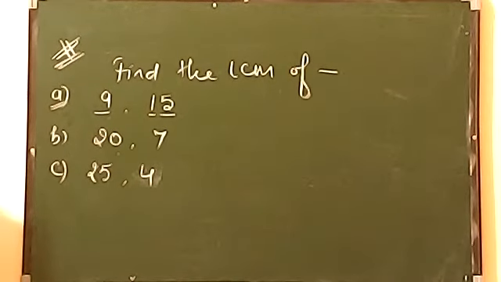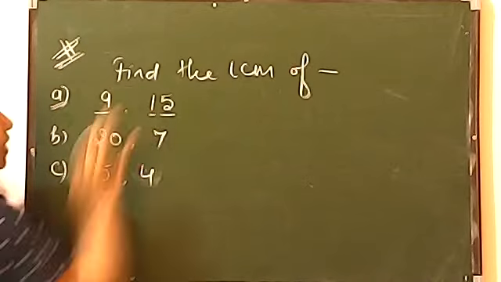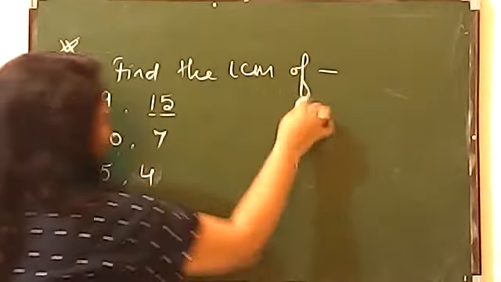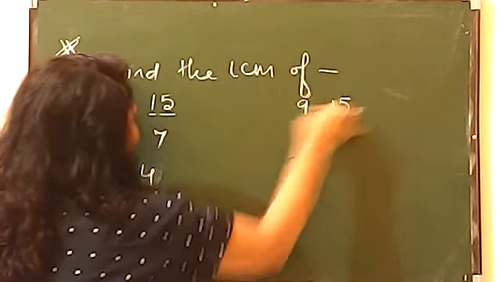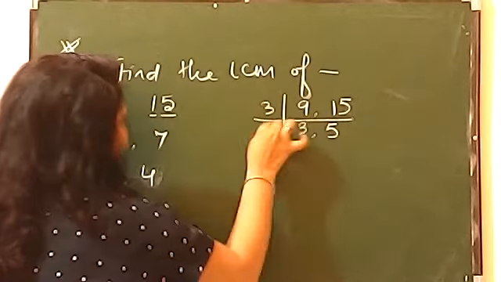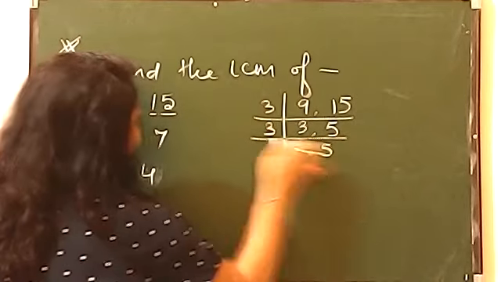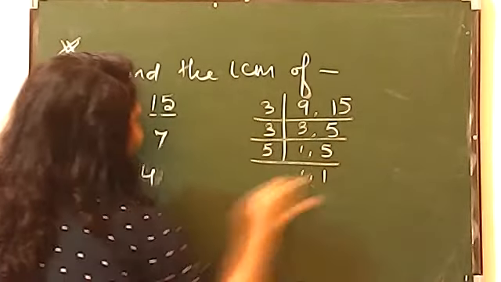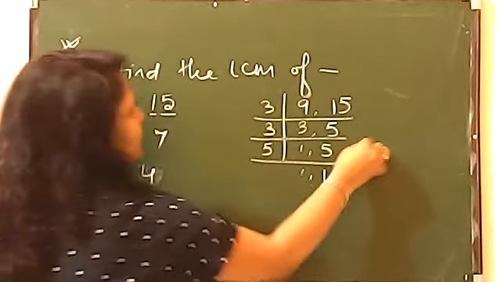That means they have another common factor also, so their LCM will not be their product. Let us try 9 and 15. LCM will be: 3 3s are 9, 3 5s are 15, 3 1s are 3, and 5 will remain here only.